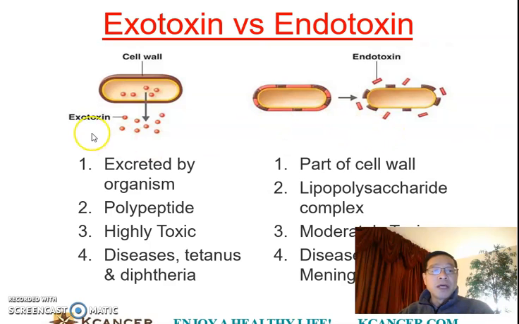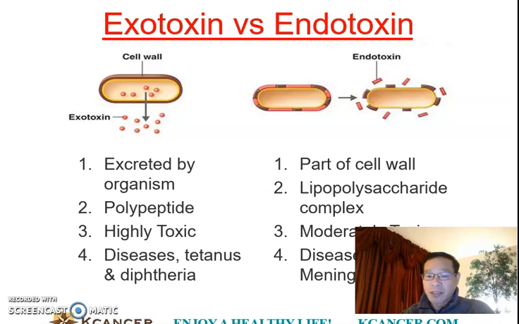Exotoxin is a protein, so that's why it can function by the protein alone. Endotoxin is a lipopolysaccharide. It's a complex, a polysaccharide complex that also contains protein.